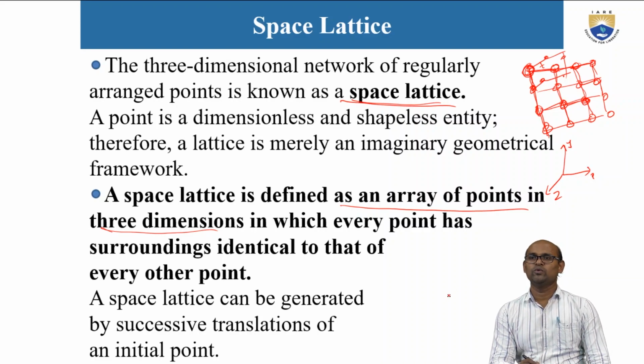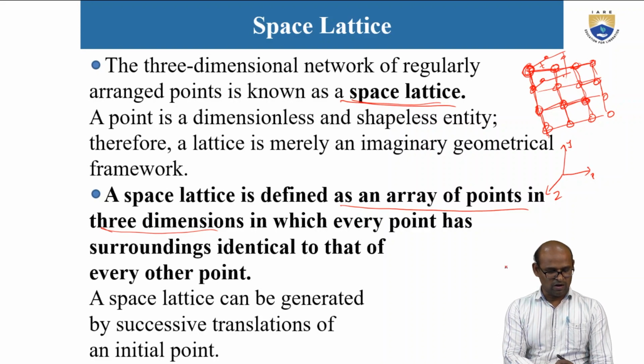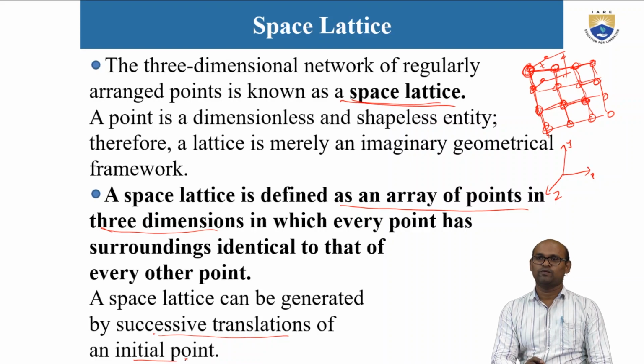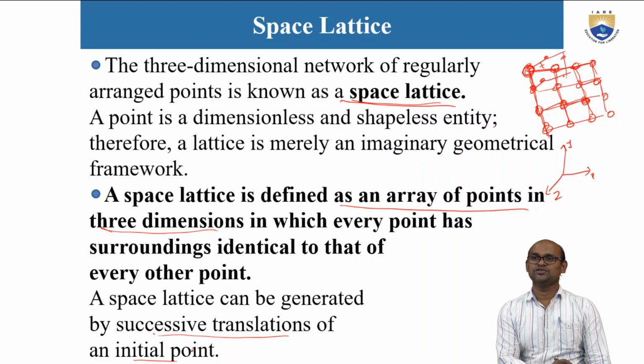But how are we going to generate such a space lattice? A space lattice can be generated by successive translations of an initial point. Starting from an initial point, you can generate this space lattice by successive translations.